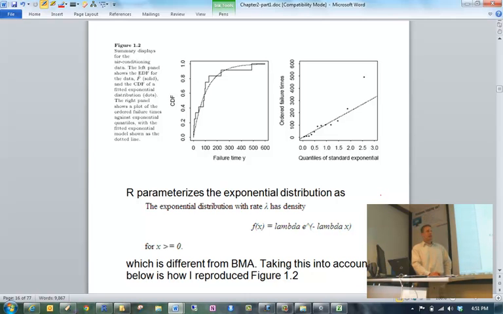Maybe it's not bad. You might be worried about that point there, because it's far from the line. But again, you only have a sample size of 12. In that case you are trying to estimate an extreme quantile from a right-skewed distribution using a sample size of 12. You're typically not going to do a good job. So if I see something like this, I wouldn't normally get too worried about it.